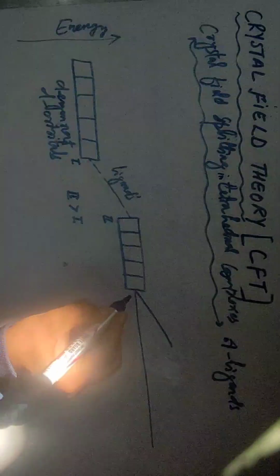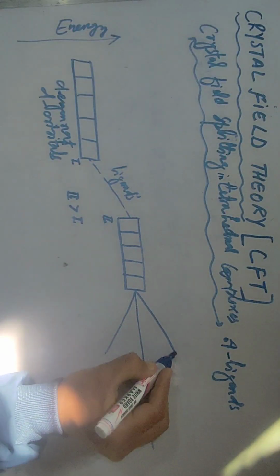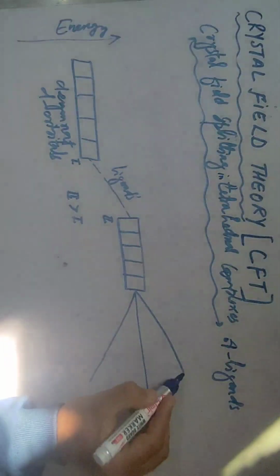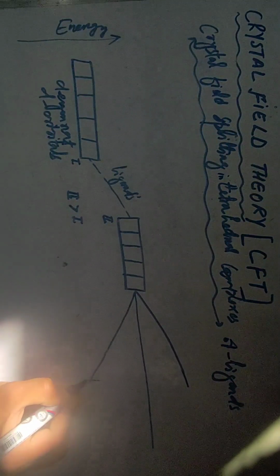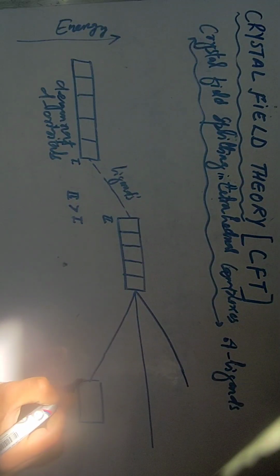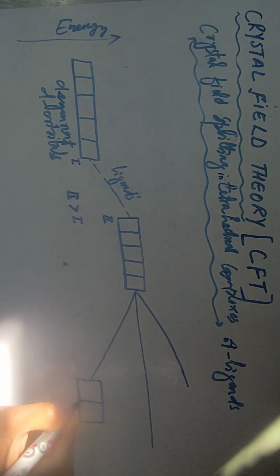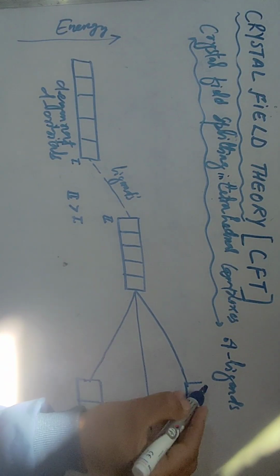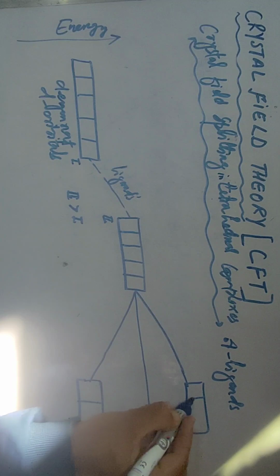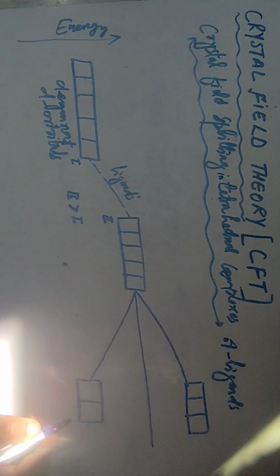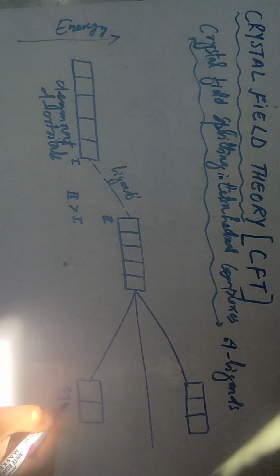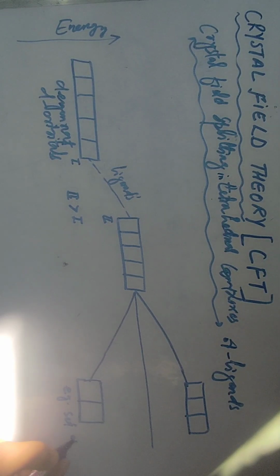So again this will split into 2 sets like that of octahedral complexes. One is the eg set, but I already told you this is now inverted with respect to the octahedral. So this is simply the eg set of orbitals, while this is the t2g set of orbitals.